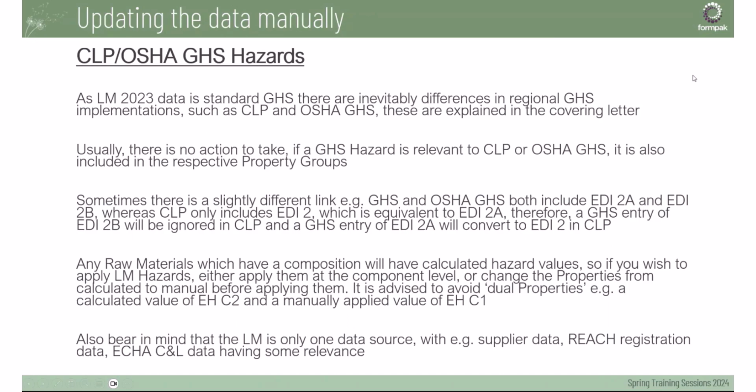So regional variants, CLP and OSHA and other GHS regions aren't necessarily represented by the GHS data in the labelling manual. It's just standard UN GHS classifications, and so as such, we don't get a specific regional classification with the direct data.